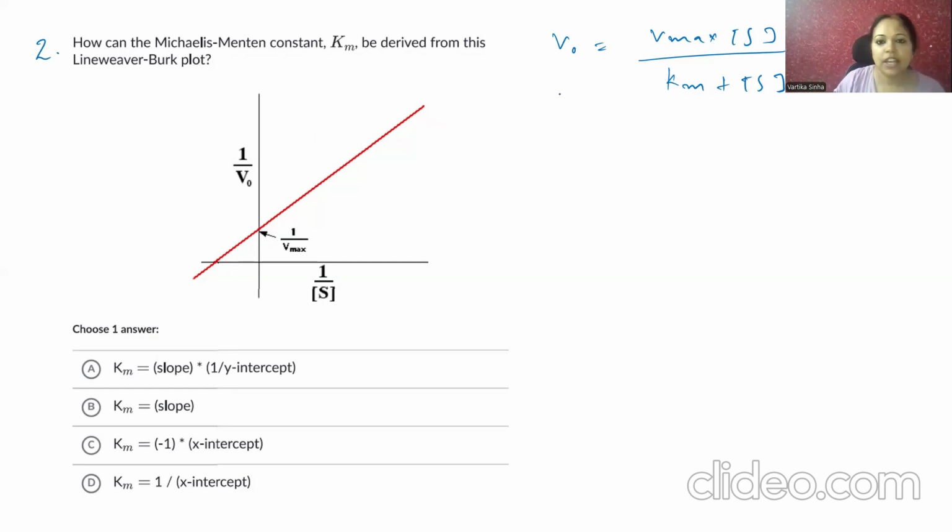It is just that you need to take the reciprocal on both sides, right?